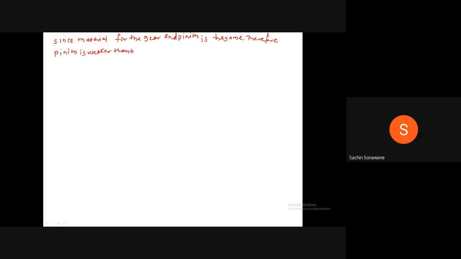The material for the pinion and gear is the same, that is, steel material they have used. Therefore, pinion is weaker than the gear.